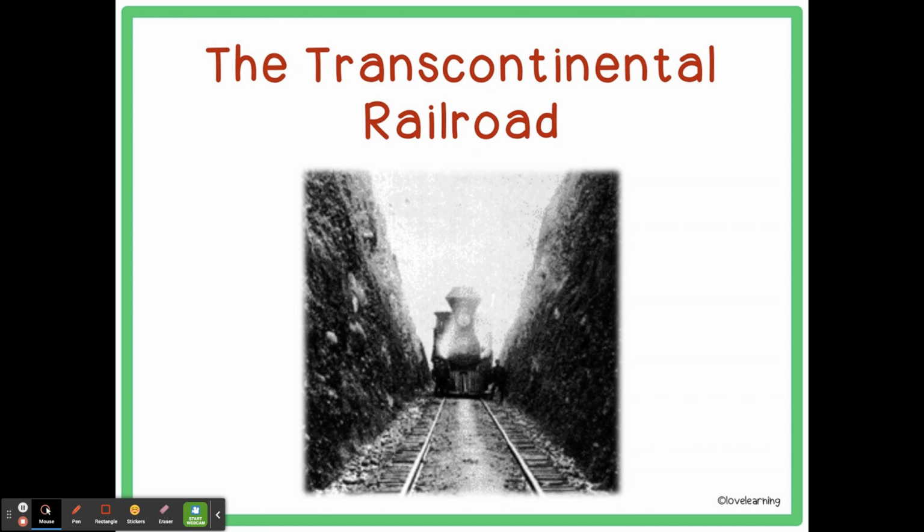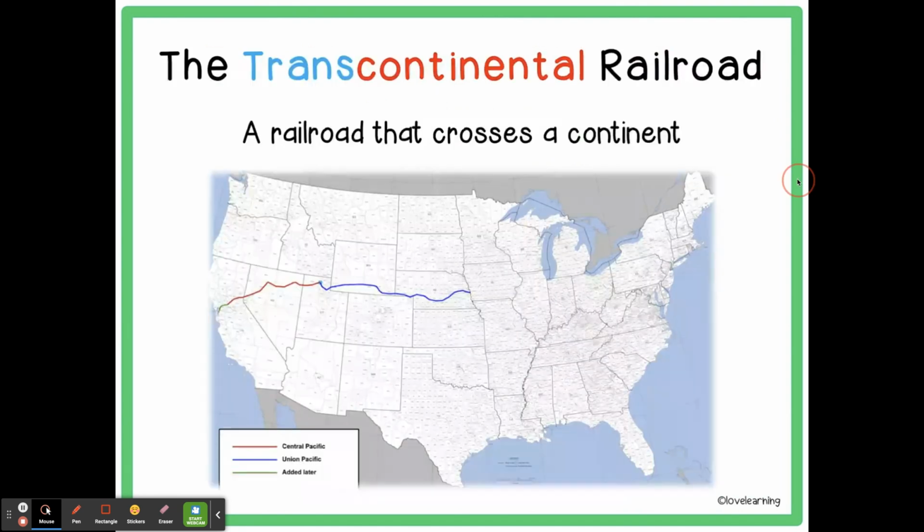There's no roads, there's no interstate, there's no trails, there's no way to effectively get materials and people to the west and the east. So this is where the Transcontinental Railroad, which goes across the entire continent of America, comes in. So let's dive right in.